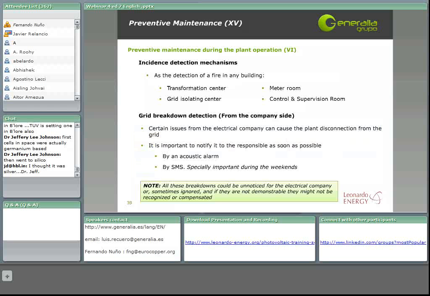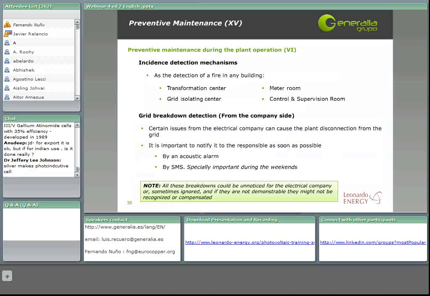And with this slide, we finish with the preventive maintenance during the plant operation. So, we have to establish an incident detection mechanism for every incident that may happen in our facility, considering both its probability to happen and the damages it will produce.